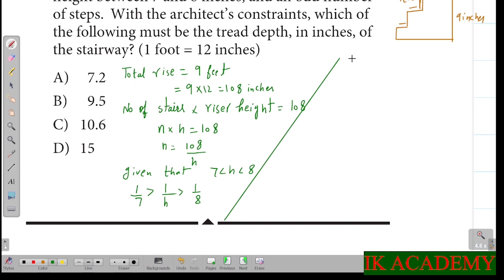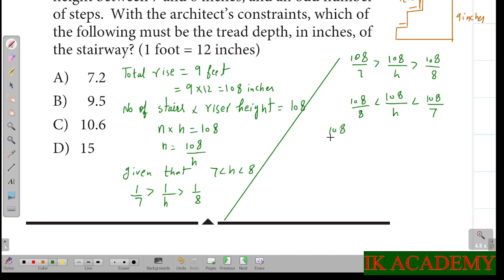Multiplying throughout by 108, we get 108 divided by 7 is greater than 108 divided by h, which is greater than 108 divided by 8. Or we can write 108 divided by h is greater than 108 divided by 8 and less than 108 divided by 7. And 108 divided by h is equal to n, so I can substitute n.